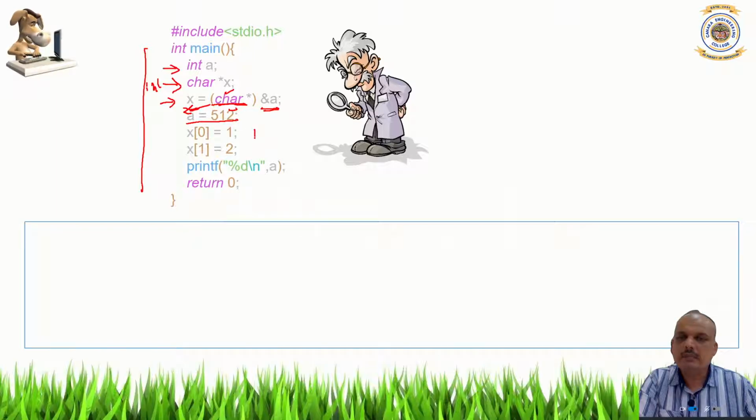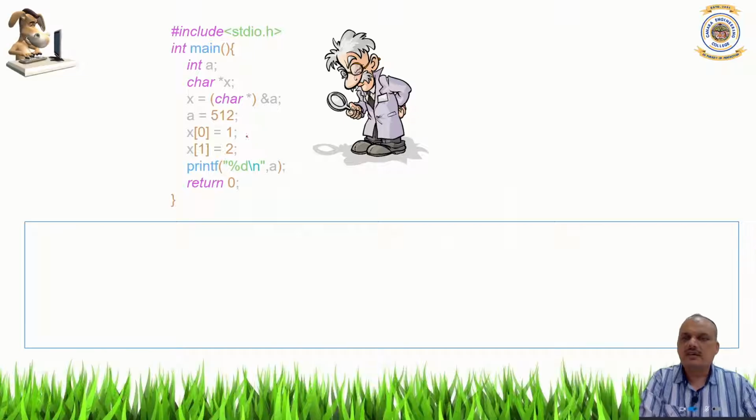I'm basically printing out what is X. X is the character pointer, so I'm printing out the first element, the first byte. Since it's a character pointer, it references byte by byte. So I am assigning 1 to the first byte and then 2 to the second byte.